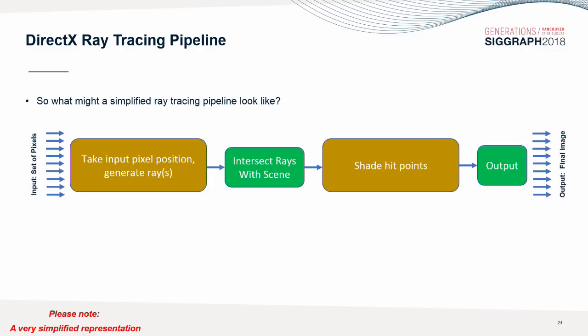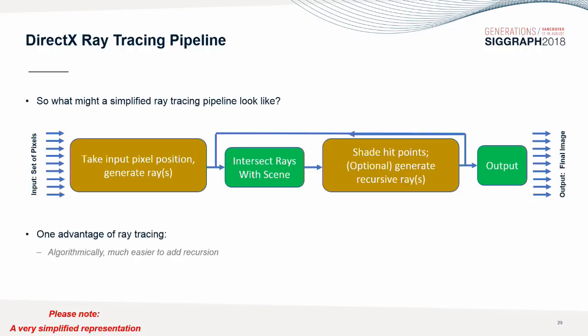You run some specialized stuff that intersects those rays with the scene, and then you get to shade the hit points. And then you output that to your frame buffer. In some sense, this looks really similar to that 10,000-foot view of the raster pipeline, except of course, algorithmically, ray tracing gives you the advantage that you can recursively spawn rays in your shading and go back through your acceleration structure to get multi-bounce effects.